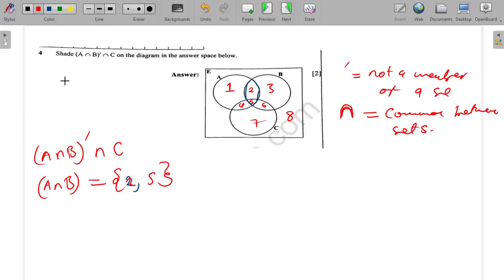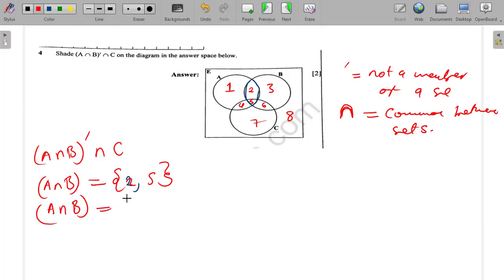Now the second step is to find the complement. A complement is anything that is not part of A intersection B. So A intersection B complement will be anything apart from 2 and 5.